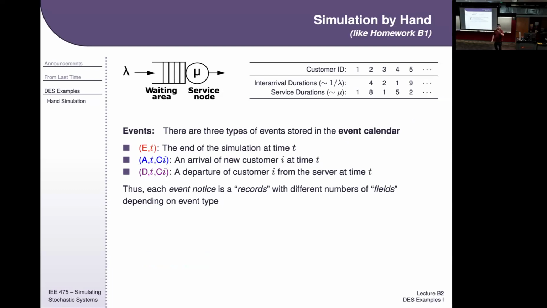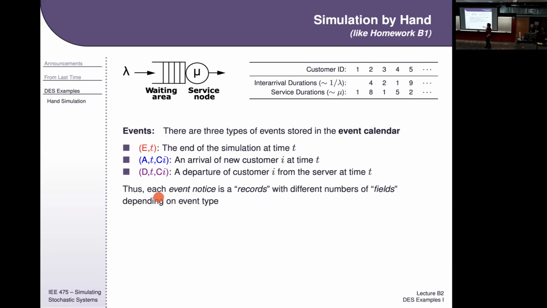So there are 3 types of events in this simple hand simulation system. There's an end event, an arrival event, and a departure event. Each of the events is itself a little record that carries with it its own little Post-it note with information. With the end event, you have to bundle the end of the simulation.